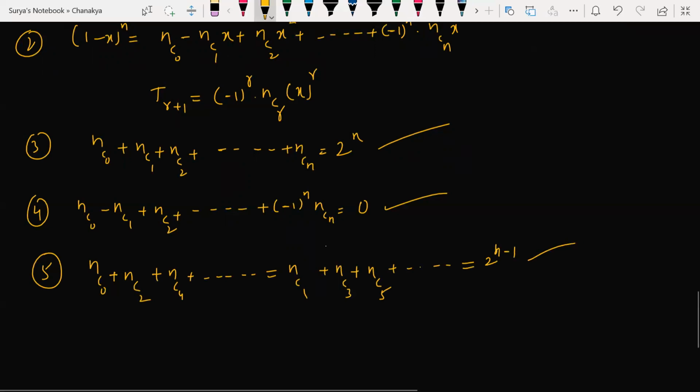Very important. All even together or all odd together is equal to 2 to the power of n minus 1. Okay. And here, with alternate plus minus signs like that, in that case you will be writing 0. Direct question you may get sometimes. When you have all plus together, you will be writing 2 to the power of n.